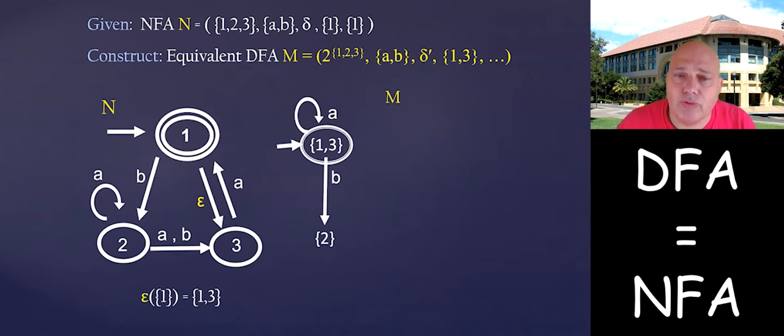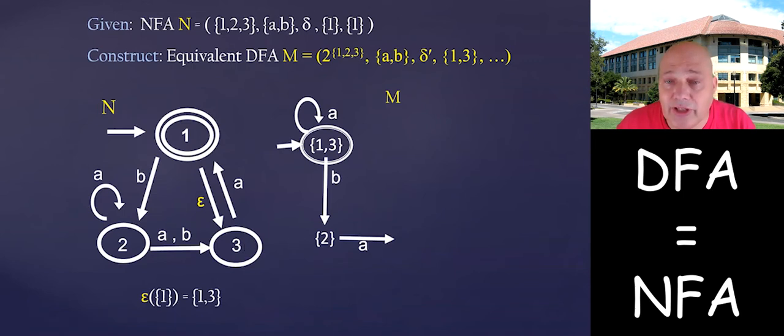Now from 2, let's ask what the A transition is. Where can you reach from 2 with A? You can reach itself, there is a self loop, and you can reach 3. So from 2, you can reach the set {2, 3}.